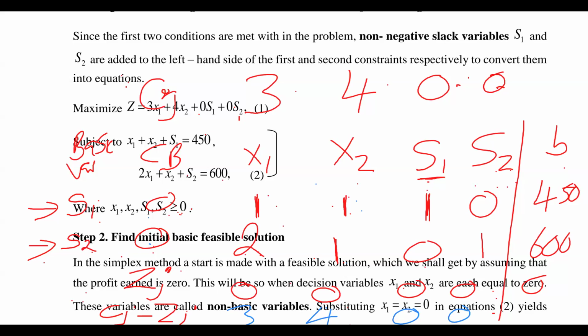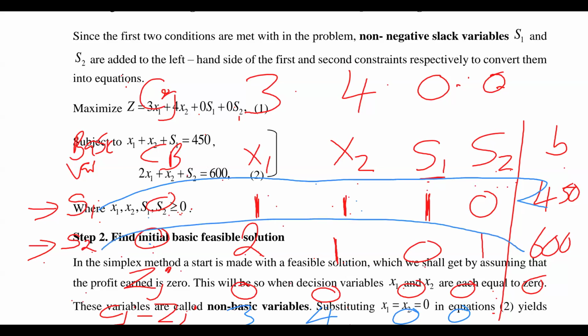If you want to report the values now, what will be the value of S1? S1 is equal to this one, the right hand side, 450. S2 is equal to this one, 600.